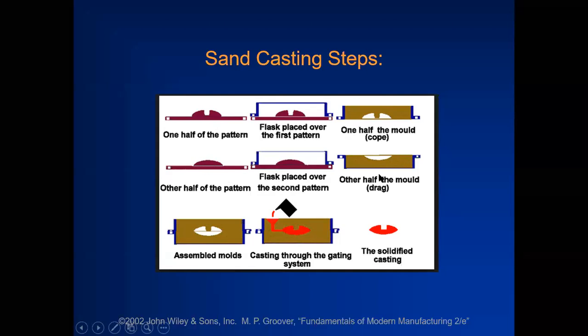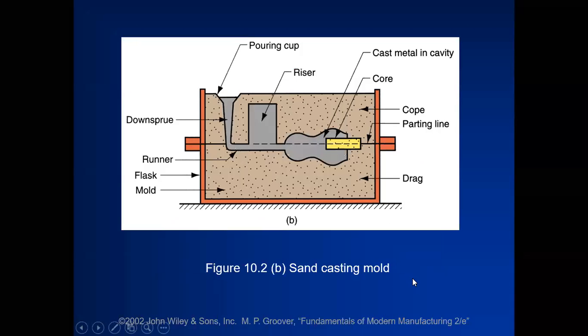Then you will fill up the flask again with the sand. After that, you will remove both of the sand casts and both of the parts of the pattern. You will get a cavity. The cavity is then filled with the molten metal. Let the molten metal be solidified, and by the end you will get a solidified casting part. So again, this is a figure.